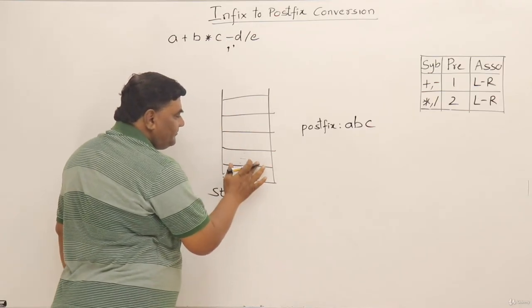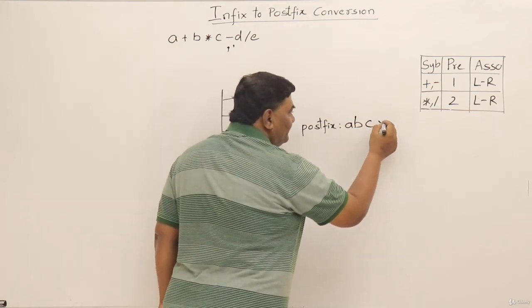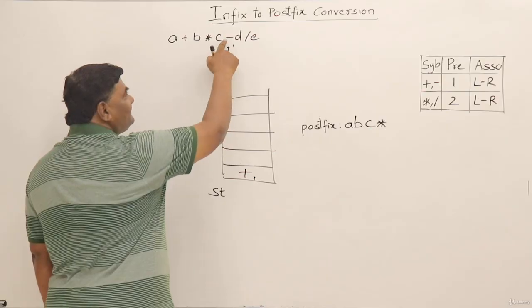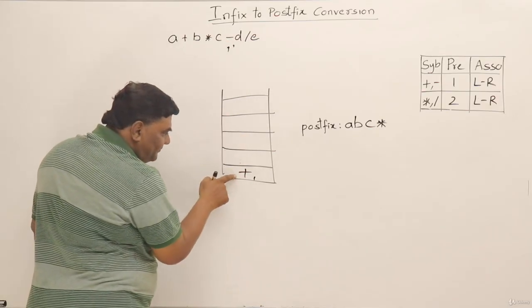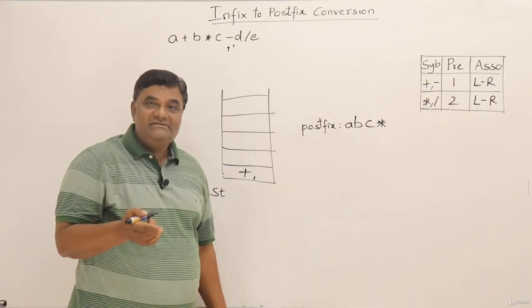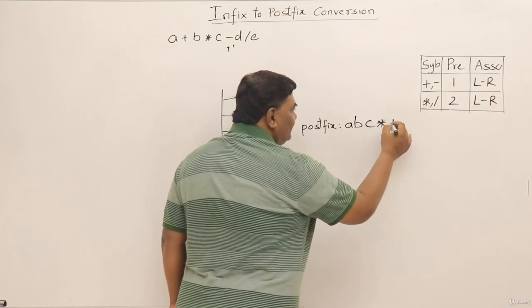Pop out this one. Means if this is greater, pop out and send it to postfix. Then check again. This is minus, precedence 1. What is there in the stack top? Topmost value is plus and its precedence is equal. So precedence is equal. Then also pop out. So pop out this one and send it to postfix.